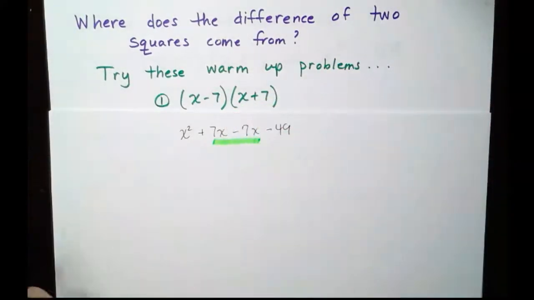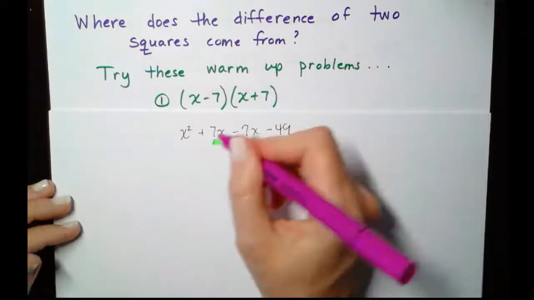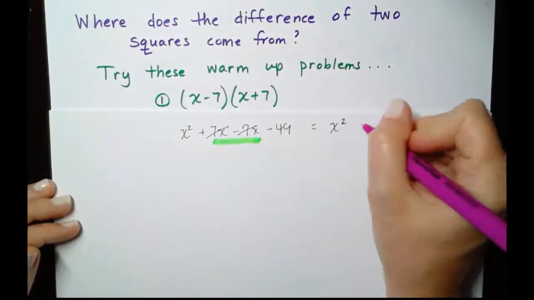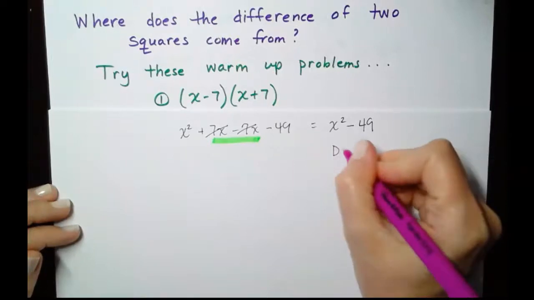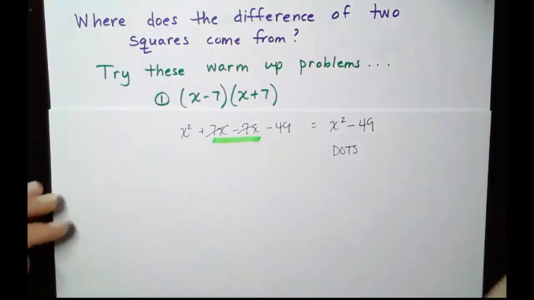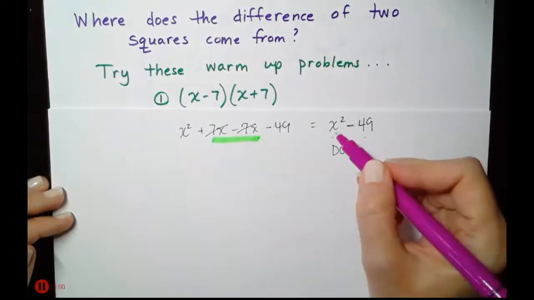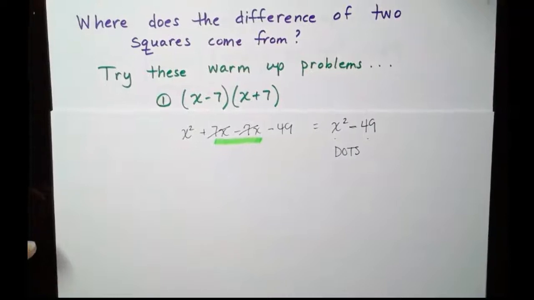The middle terms are going to cancel out when we multiply these special binomials together. 7x minus 7x cancels and goes to 0. So we end up with x squared minus 49, which is the DOTS, the difference of two perfect squares. Yes, x squared is a perfect square, 49 is a perfect square.